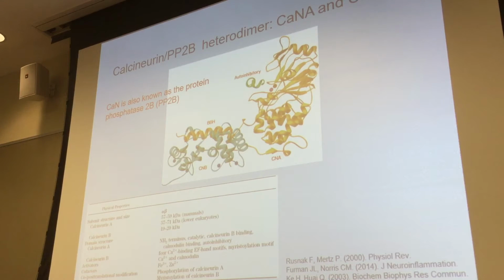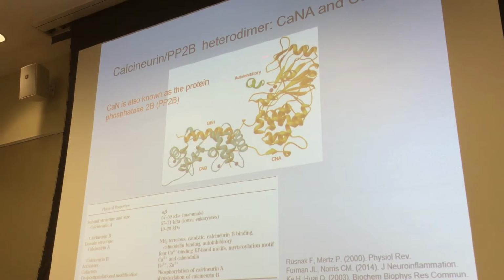So calcineurin is a heterodimer, which means it's got two subunits, an A and a B. The calcineurin A is about a 55,000 molecular weight protein, and the calcineurin B is much smaller, about 20,000 molecular weight. So they can interact so that we have regulation.